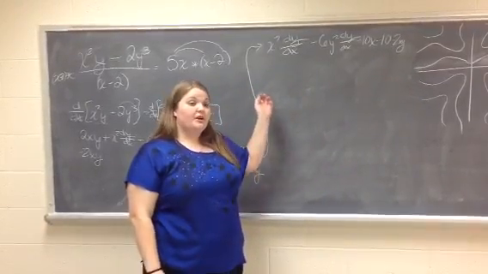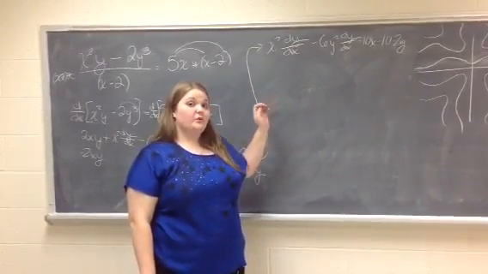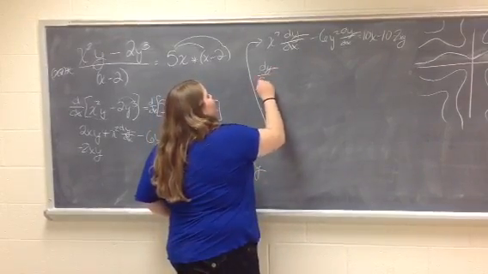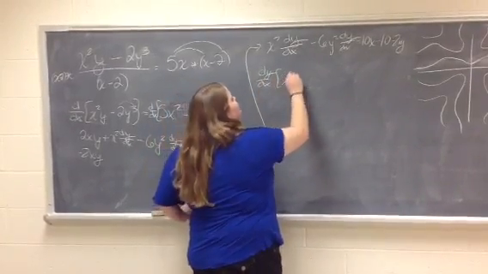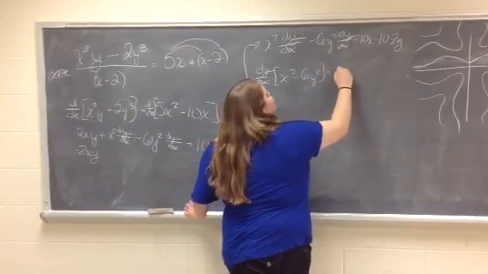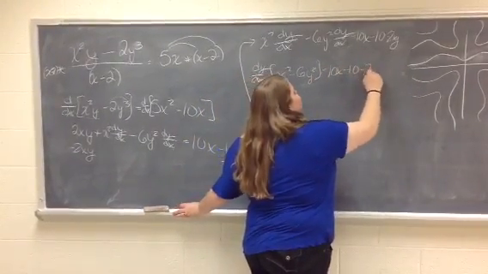Now, as before, we'll want to factor out dy/dx so that we can divide by the remaining terms. So, dy/dx times x squared minus 6y squared is equal to 10x minus 10 minus 2xy.